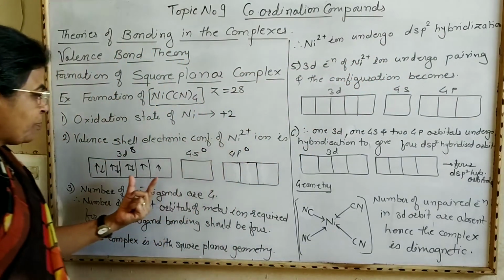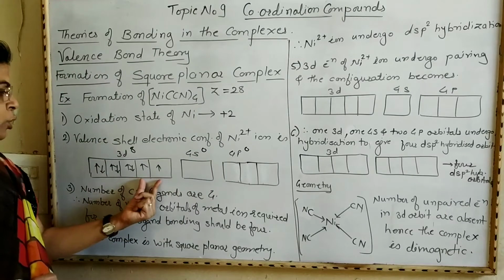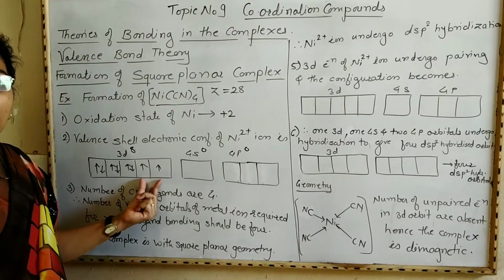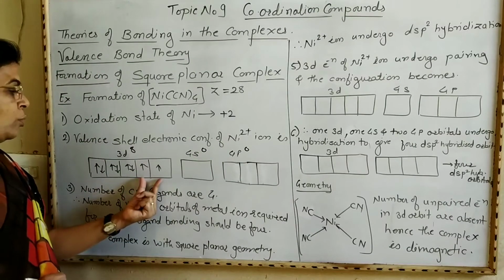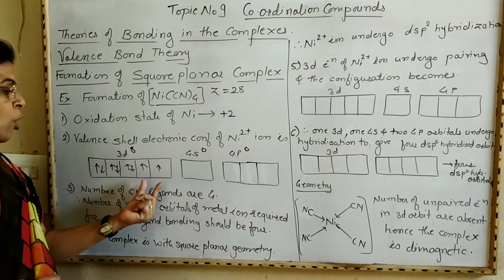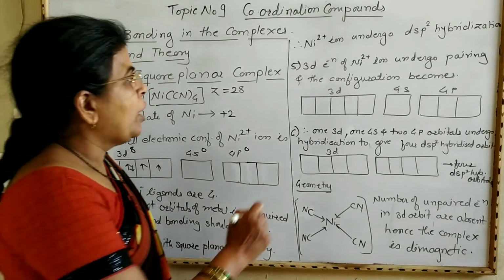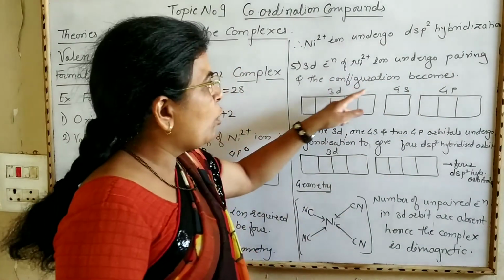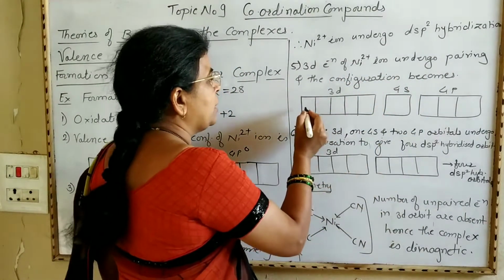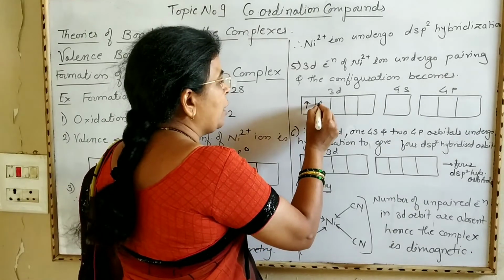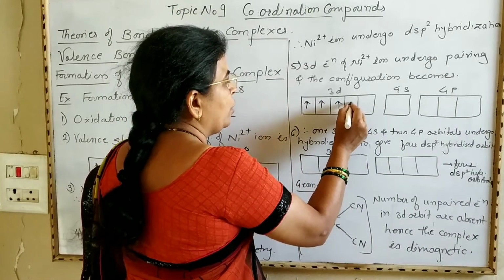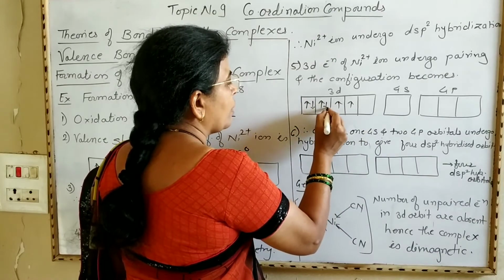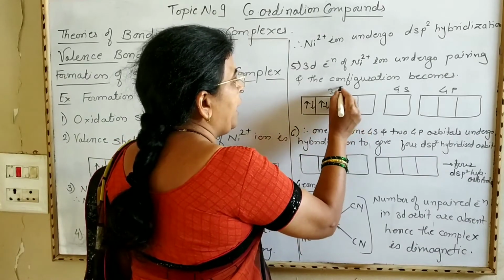Now during formation of complex, two unpaired electrons present in 3d orbital undergo pairing, and the configuration becomes, now look here, all unpaired electrons undergo pairing to form 3d8.